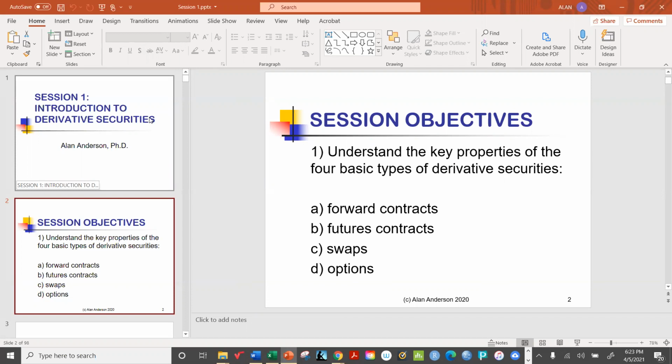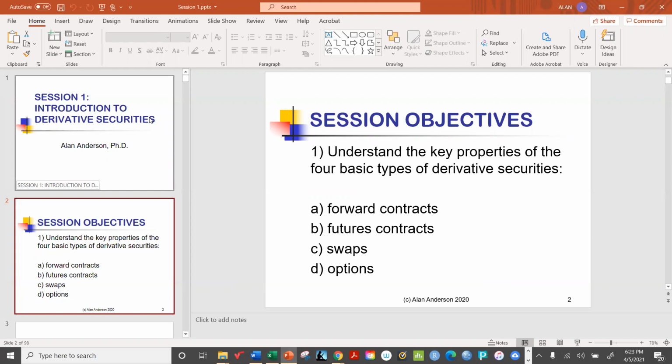Forwards and futures have a very long history. Even in the United States, which is a relatively young country, swaps were created in the early 80s, and we'll talk about that when we get to that point. Options have been around in the US for a while, but they really only got started trading heavily in the 1970s, and there's a reason for that, which we'll discuss when we get to that point.